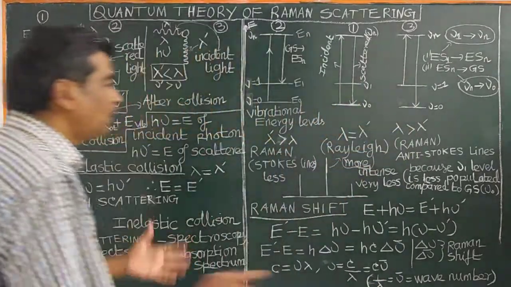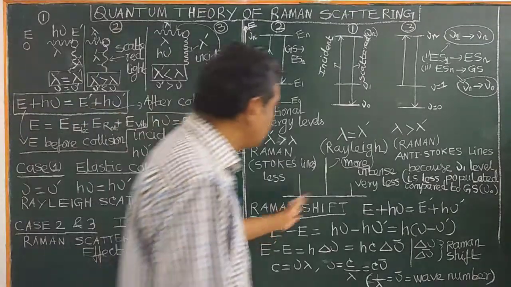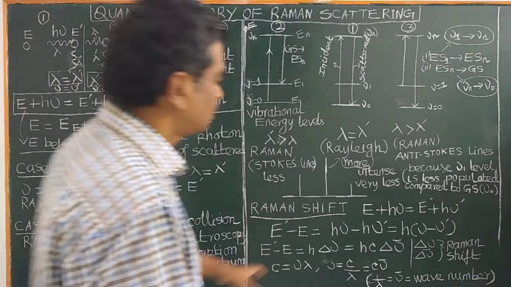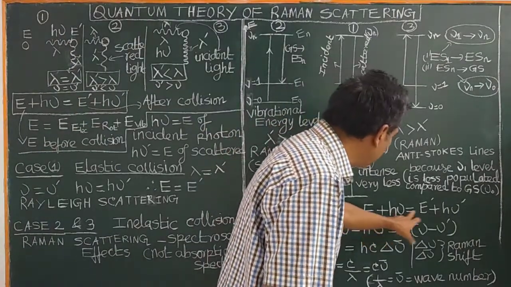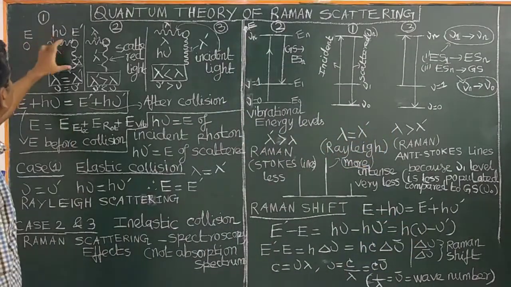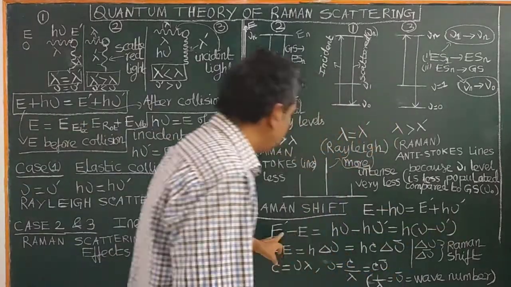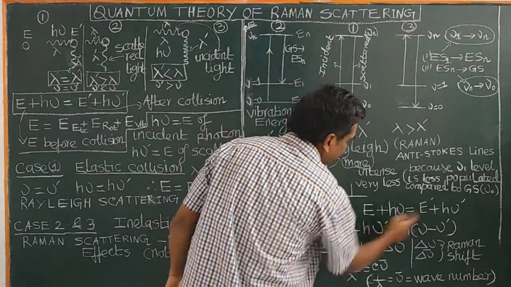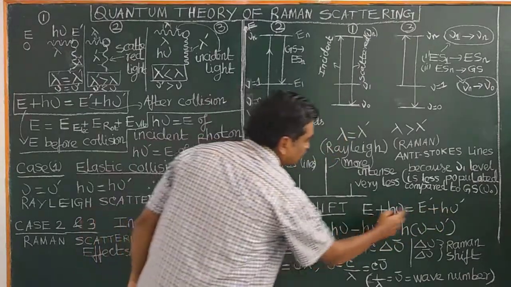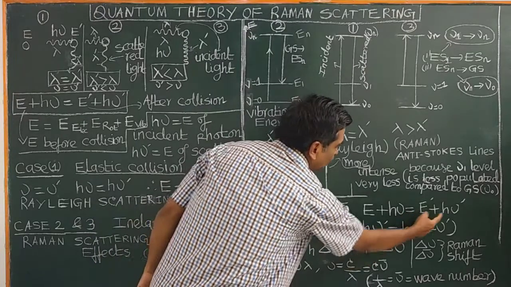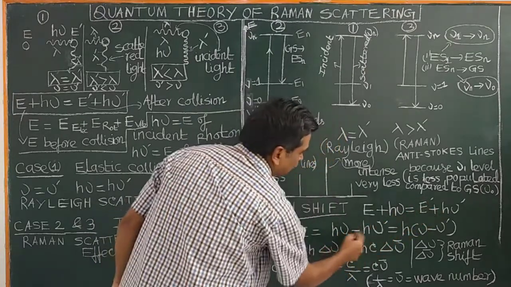Now let us see what the Raman shift is. You will be asked problems, because E plus h nu equals E prime plus h nu prime. Then you interchange: E prime minus E, and then h nu minus h nu prime.